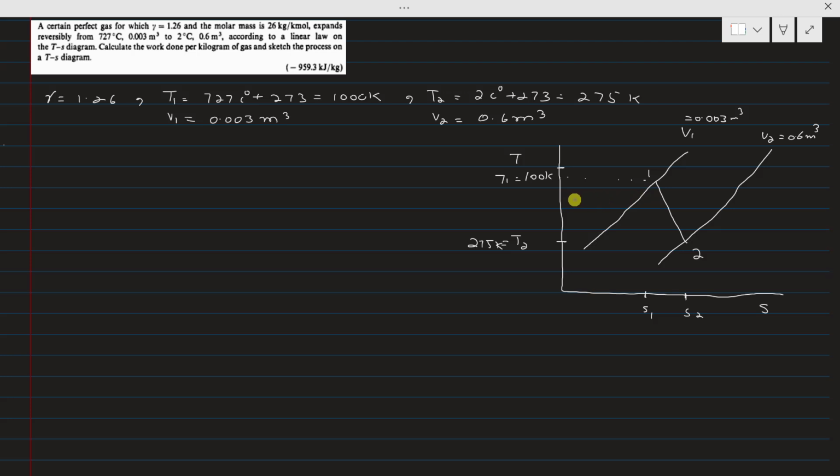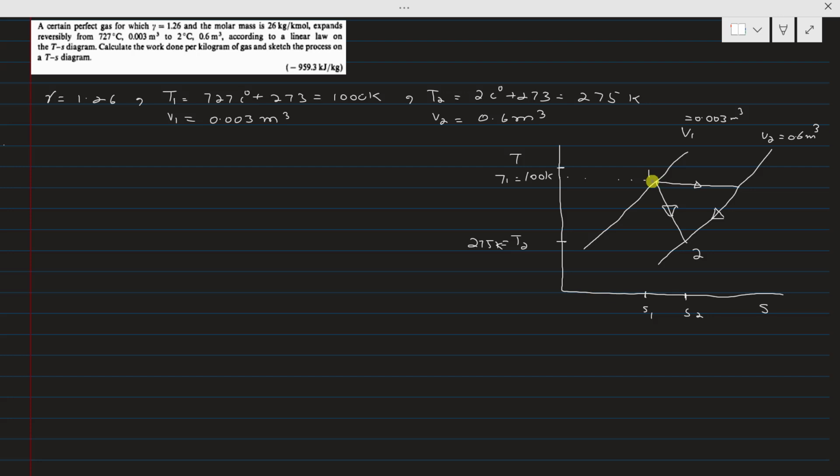Before moving toward solving this problem, remember whenever there is a change in entropy on the TS diagram, for the sake of simplicity, divide this process 1 to 2 into two processes. Let's say one takes place at a constant temperature and the other takes place at a constant volume at V2, that is 0.6 meter cube.